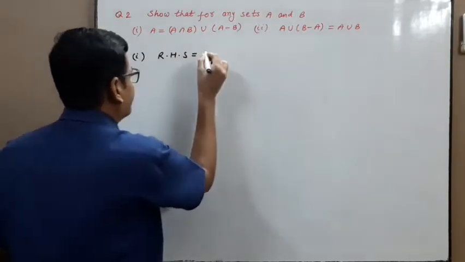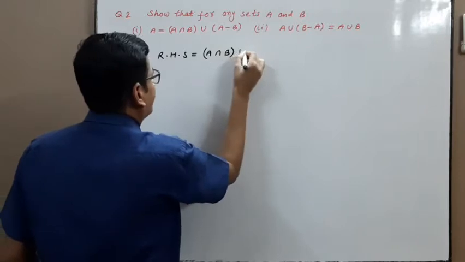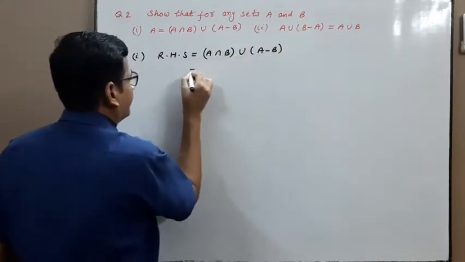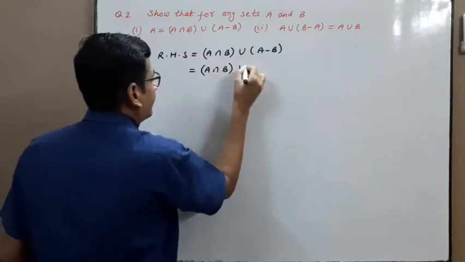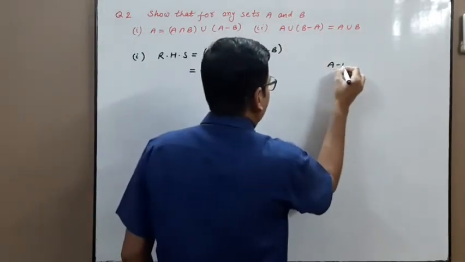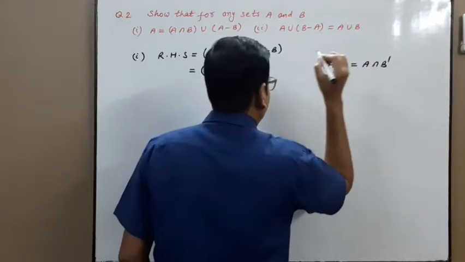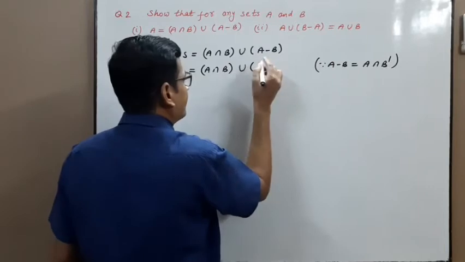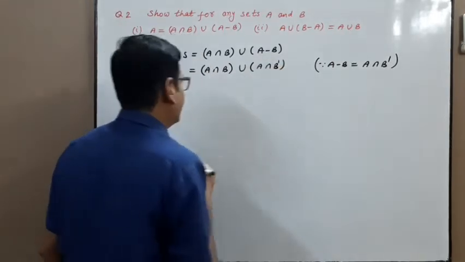Right hand side is equal to A intersection B union A minus B. Next step, write A intersection B as it is and apply the remark. We know that A minus B is equal to A intersection B complement. So in place of A minus B, write A intersection B complement.